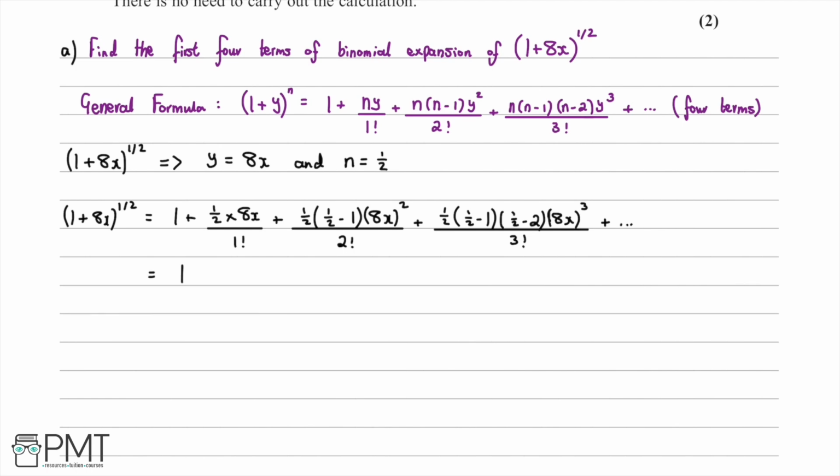So then all that's left for us to do is we can simplify this. So our 1, can't simplify that anymore. Then we have a half multiplied by 8, so that leaves us with 4x. Then we can put this into our calculator here just to do the simplification. So we'll have a half multiplied by negative a half multiplied by 64.